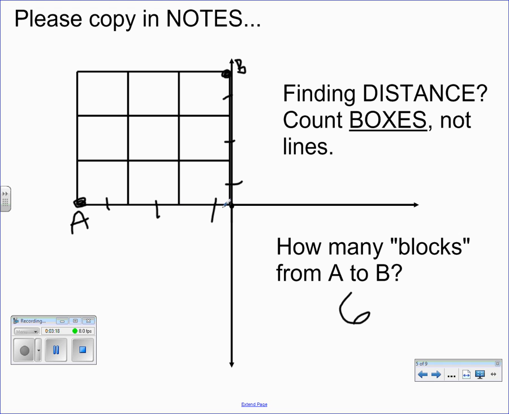Because I'm really counting the sides of these boxes, not the lines. Right? That gets a little confusing. So same thing this way. 1, 2, 3, 4, 5, 6. Either way, 6 blocks. They might tell you each box is a mile, in which case it would be 6 miles. They might say each box is a kilometer, it'd be 6 kilometers, etc.